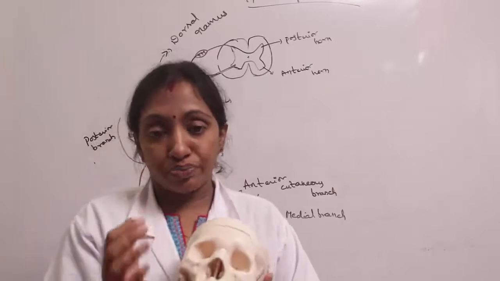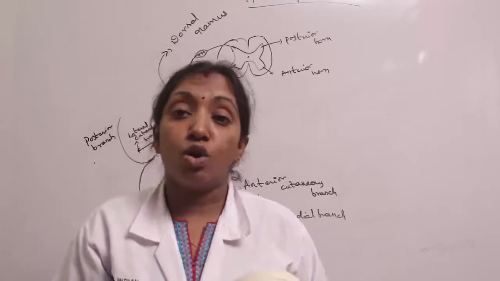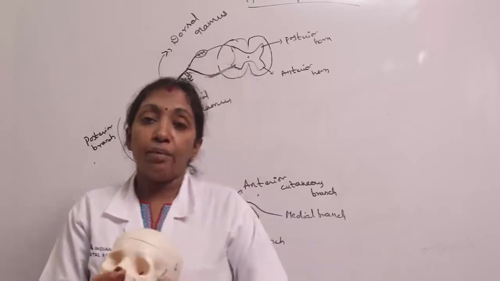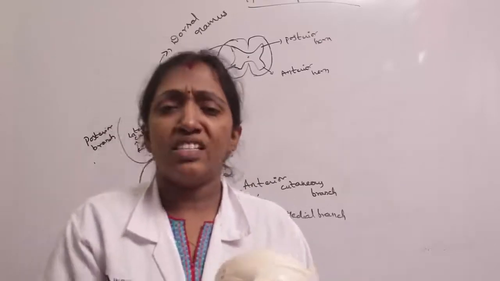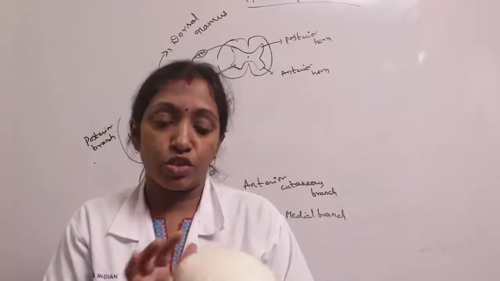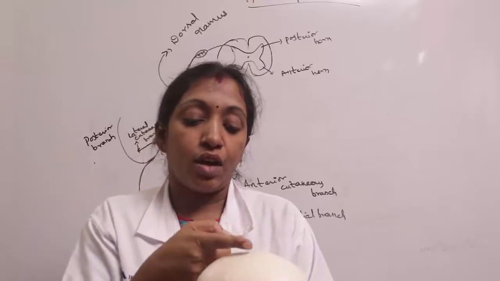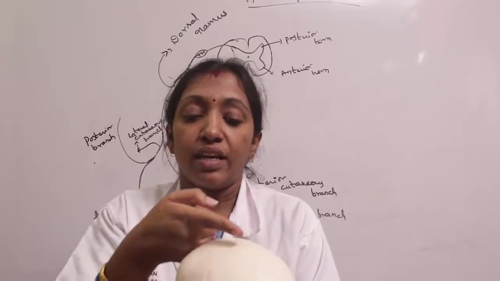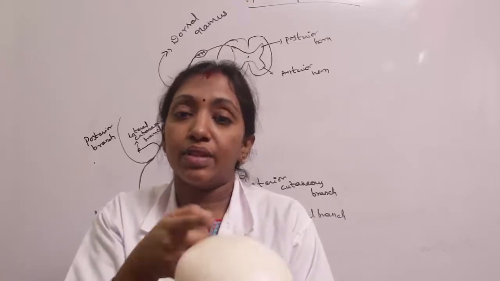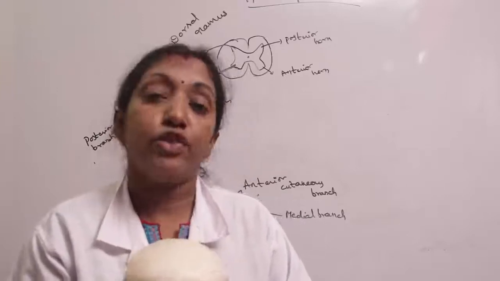Coming to the fifth layer of scalp, it is called pericranium, and it is nothing but the outer periosteum of the skull. It is a loose tissue which covers the skull bone, and near the sutures, like the coronal suture and parietal suture, this pericranium continues with the endosteal layer of dura mater.